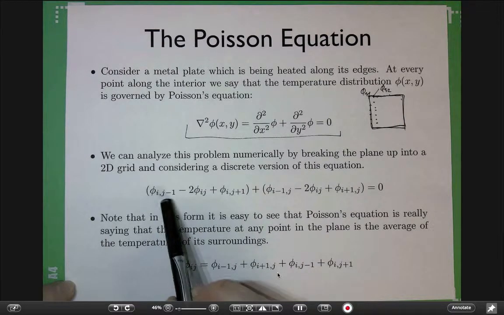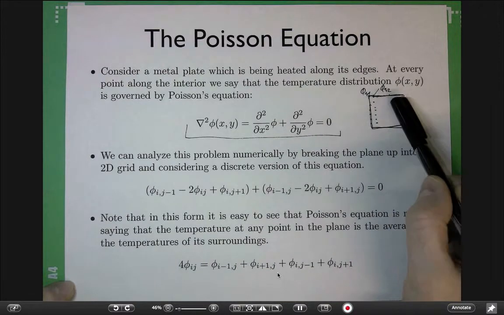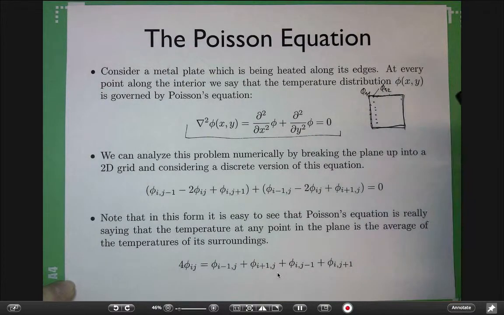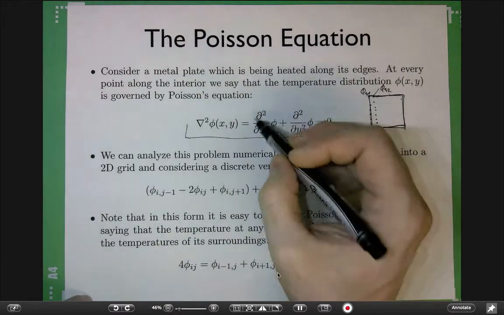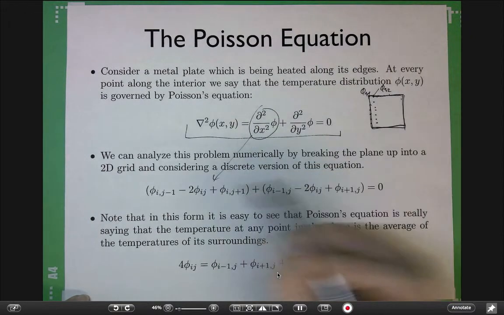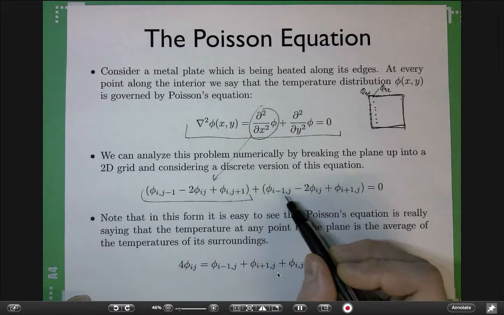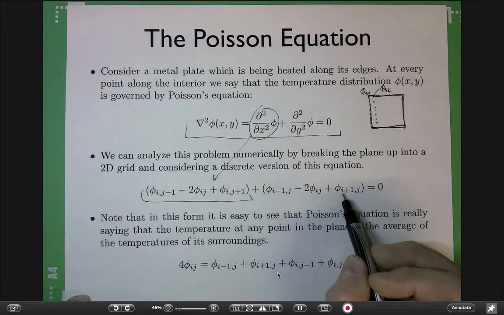So here I'm looking at phi_i,j-1 and phi_i,j+1. So this is moving in columns, right? So this is moving in the x coordinate. So this is the second partial derivative in x. That's this thing. This corresponds to this. And here, what I have is phi_i-1,j, phi_ij in the middle, and phi_i+1,j.